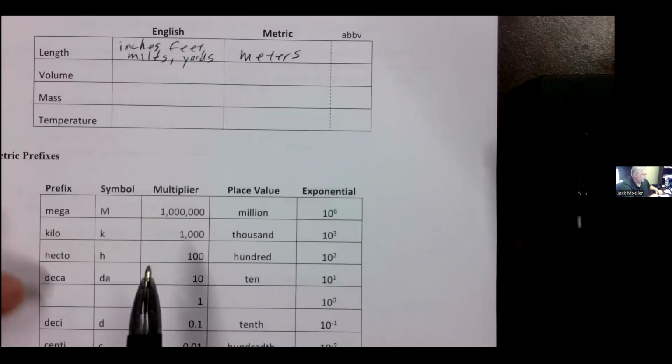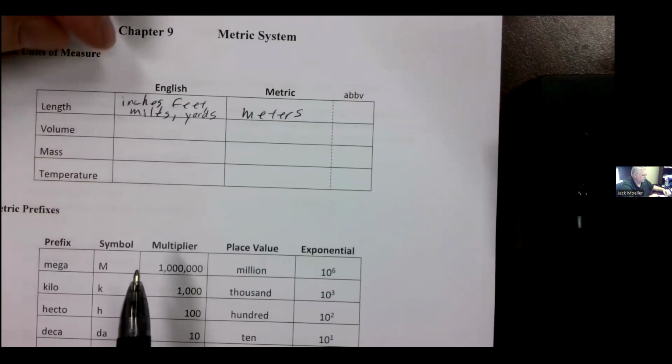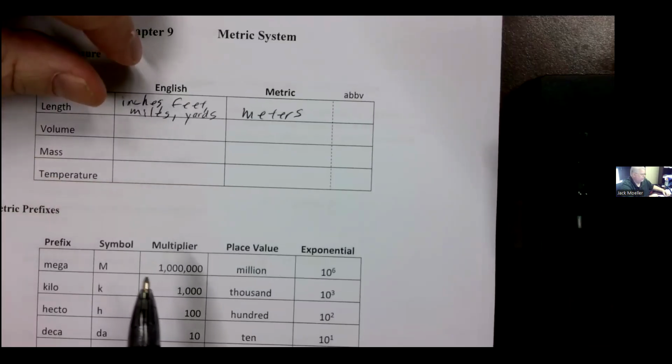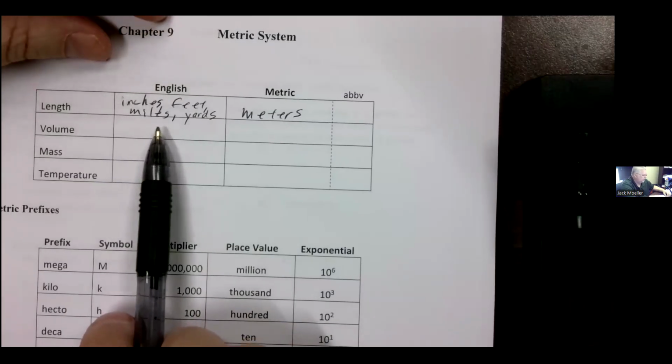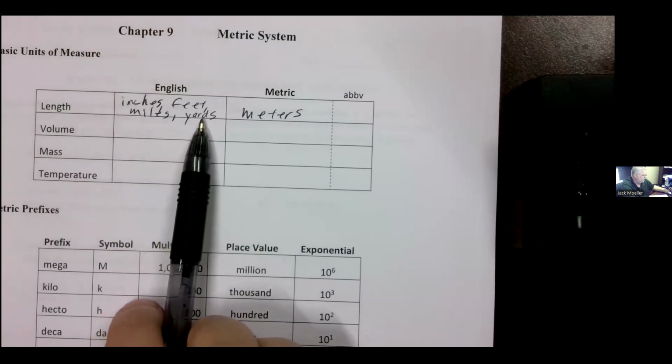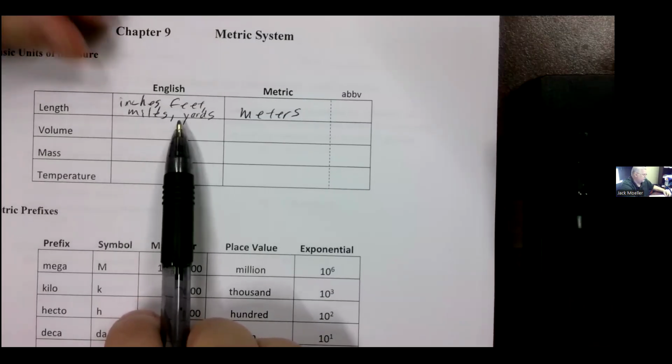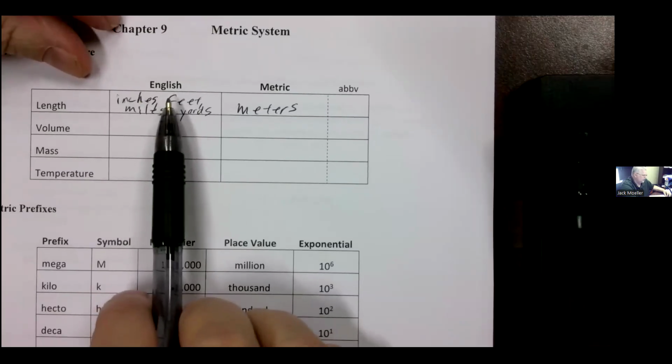So rather, in the English system, if we're talking about something relatively small, we're doing inches, or we could go to a little bit bigger as feet. If we want long distance, it's miles. If we're doing things like football stadiums, or like carpet, we're dealing with yards. So the core unit changes every single time.